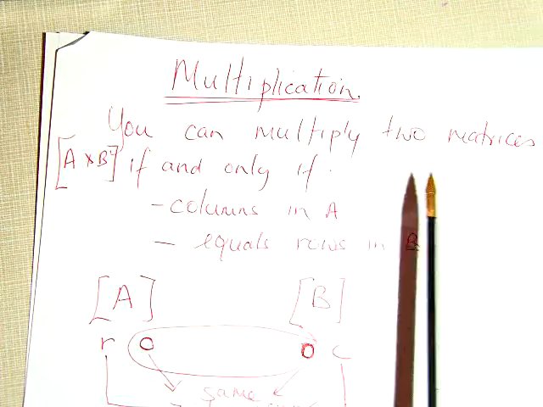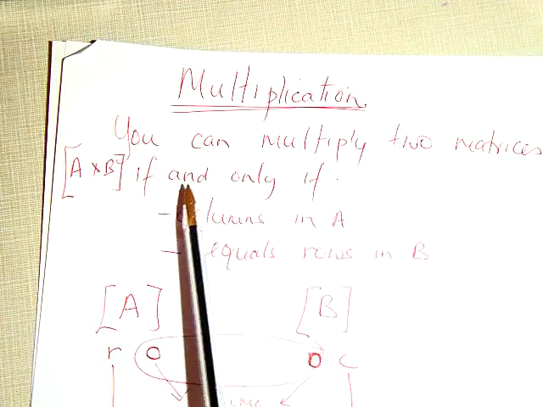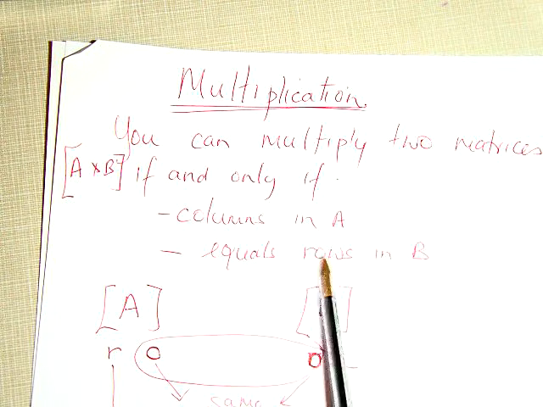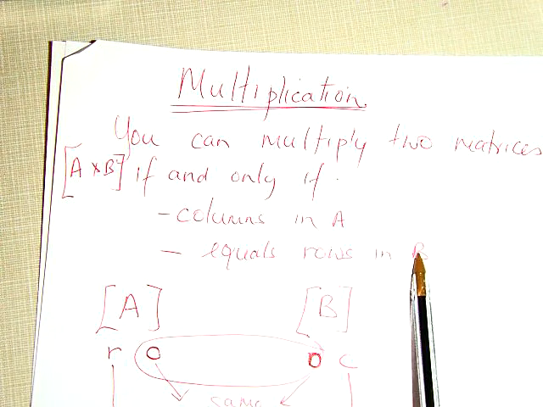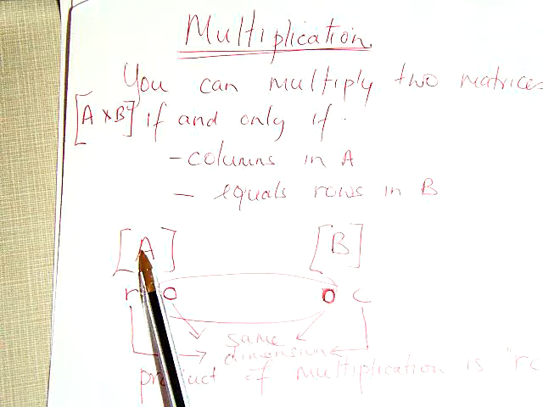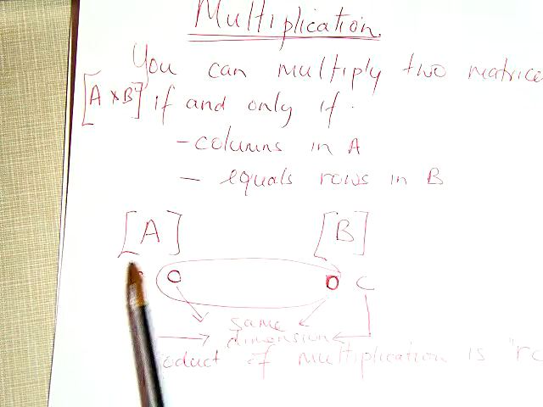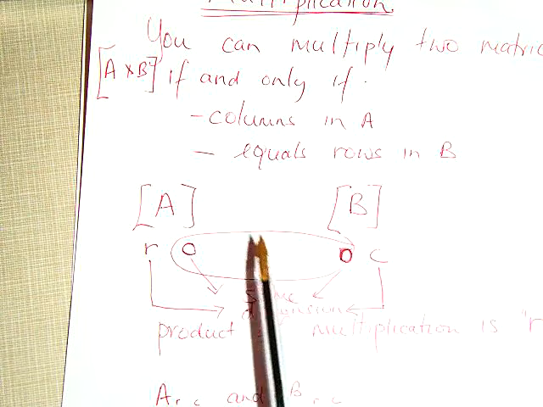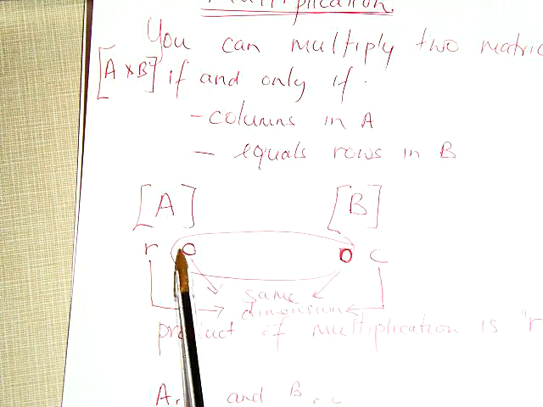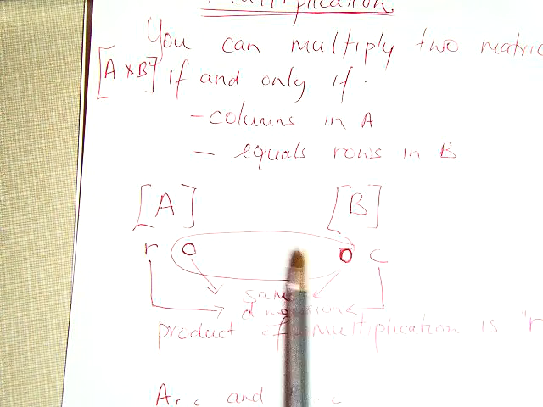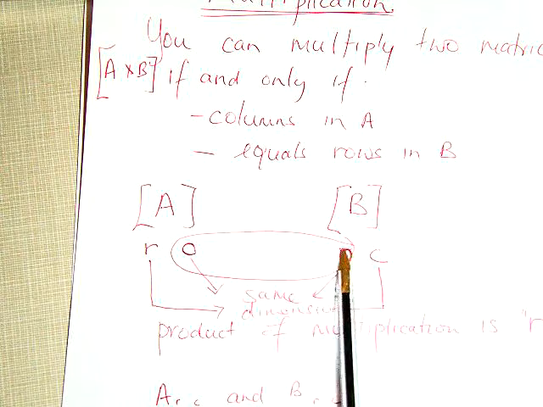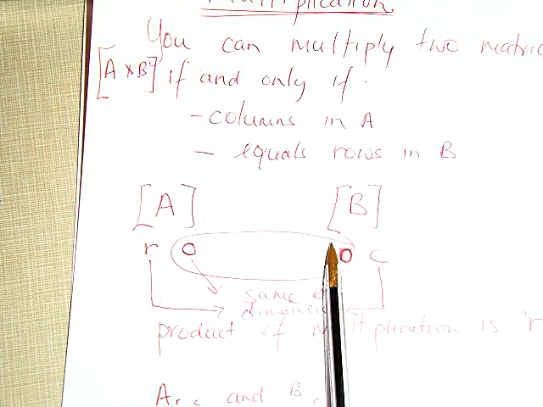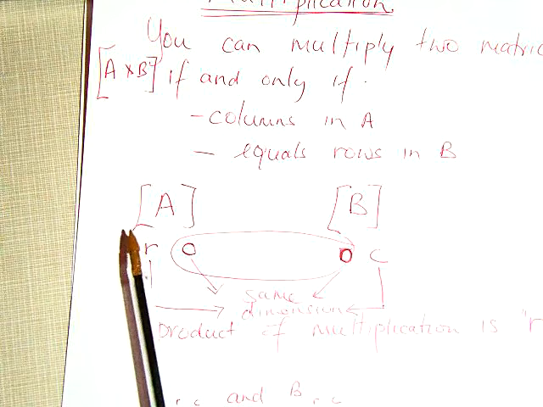And you can only multiply 2 matrices if the columns in matrix A, the first matrix, equals the rows in the second matrix B. So if I have 2 matrices A and B, and this represents the rows and columns for A, rows and columns for B, I can only multiply A times B if the columns in matrix A match the rows in matrix B. If those 2 values are the same, I can multiply the matrices, and the answer, the product, is always an R by C matrix.